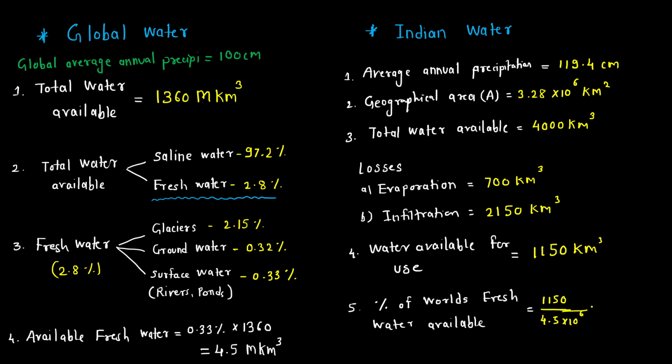As we have to find the percentage, multiply it with 100. If you solve this, you will get the answer as 0.025 percent. Okay. So only 0.025 percent of available fresh water in the global context is available to India, which we can drink.